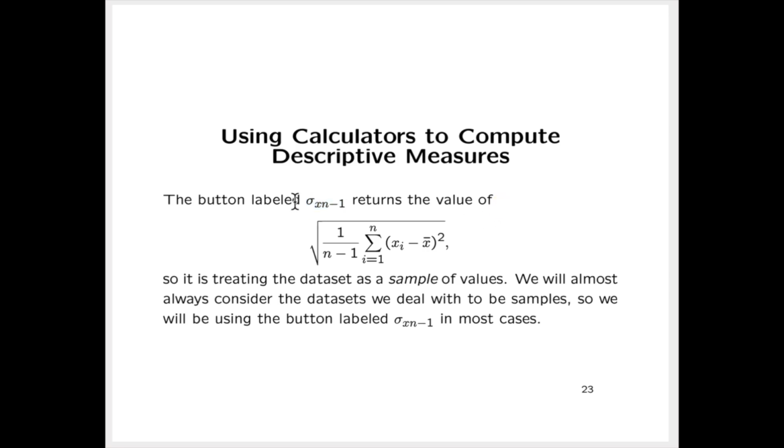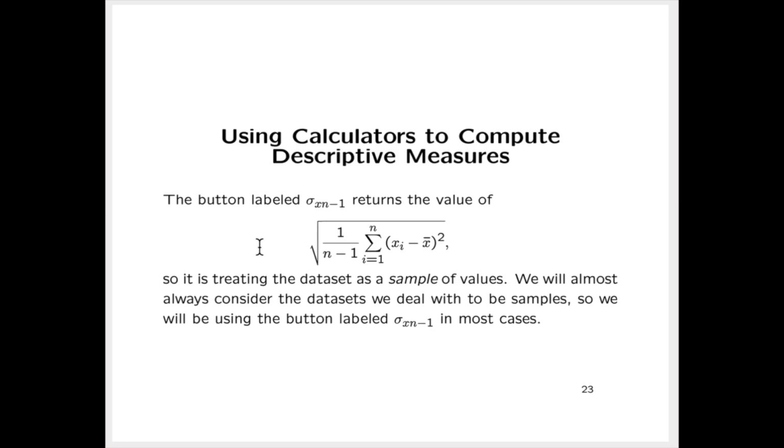On some other calculators, and perhaps older calculators, the button itself will be denoted by sigma again, but with an n-1 as shown here. What that means is that it's performing this calculation to get the standard deviation, and because that is dividing by n-1, we know that it is treating that data set as a sample of values.